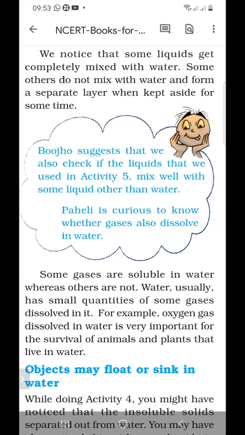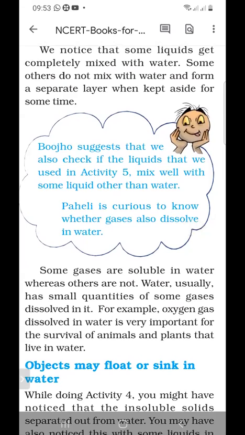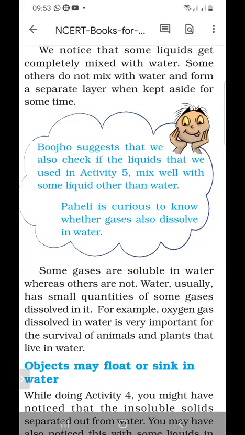Now, Pujo suggests we also check if the liquids that we used in Activity 5 mix well with some liquid other than water. So we dissolve these substances into another liquid as compared to water.